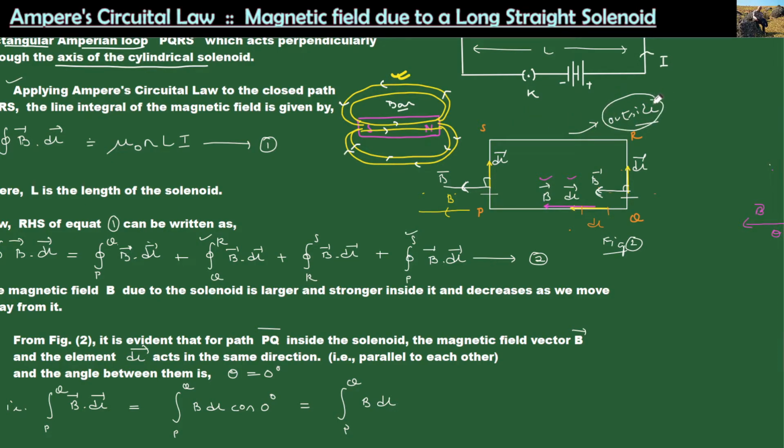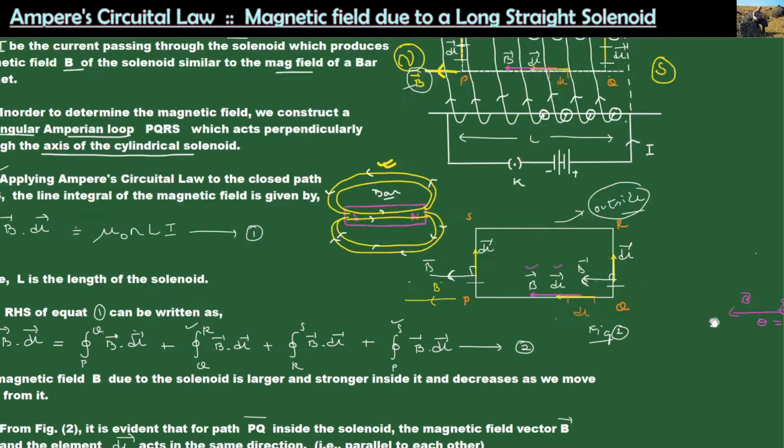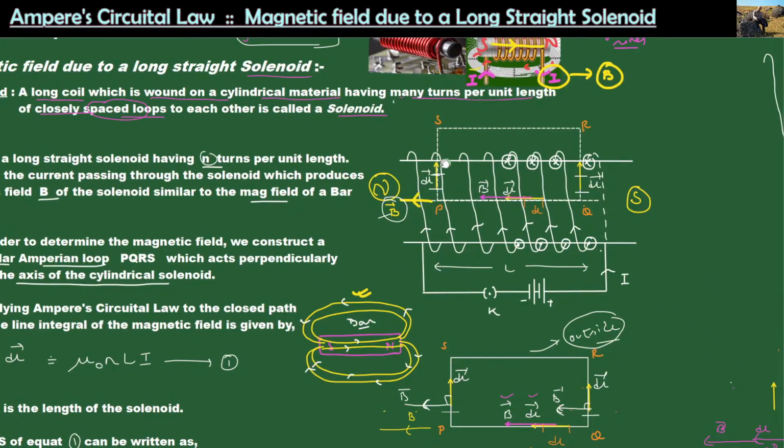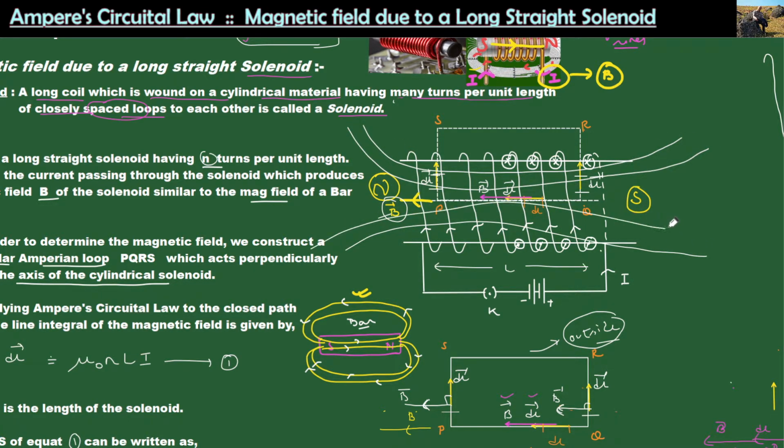Since that arm is outside the solenoid, the magnetic field is very strong for regions inside the solenoid. These are the magnetic field lines, the direction of the magnetic field lines.